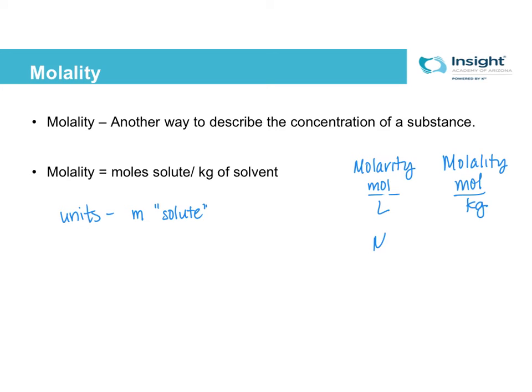All right, and this is capital M, this is lowercase m. And you always want to include what you are actually calculating the concentration of. All right, so this is another one where, again, you're going to probably have to figure out moles and molar masses before you can actually get to doing the molality calculation.